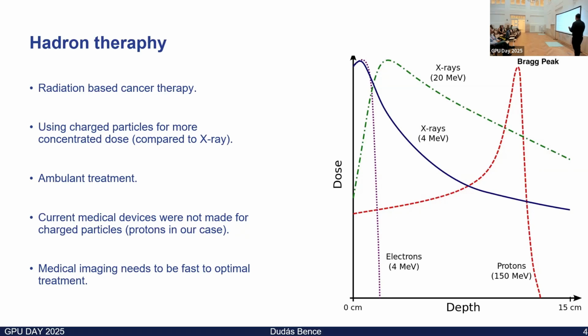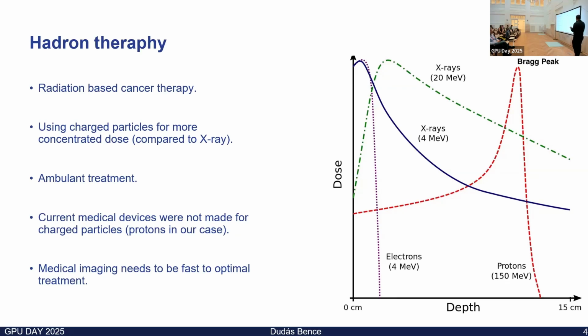Physically, the photons deposit most of the energy in the surfaces, meaning that they do the most harm there. In a medical sense, we want to measure how much energy particles deposit, and this deposited energy is the dose. This is the amount of harm they do in the cells.